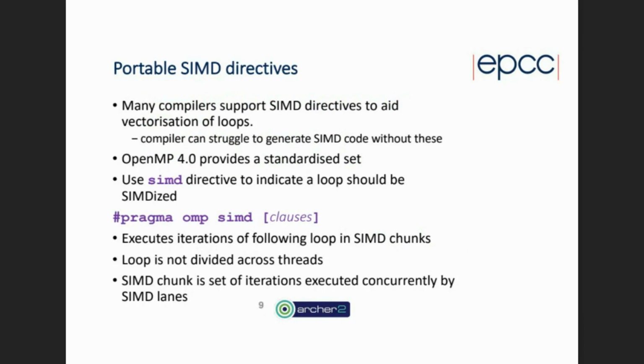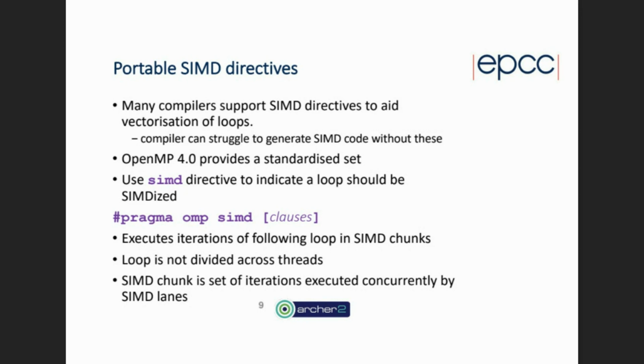Okay. So the next one is the portable SIMD directives. This one's a little bit strange because at first sight it has not very much to do with the rest of OpenMP. This is supporting vectorization optimization in the compiler. The problem is that most compilers supported their own directives to do this, and it wasn't standardized across different compilers.